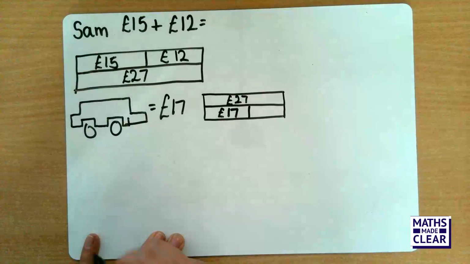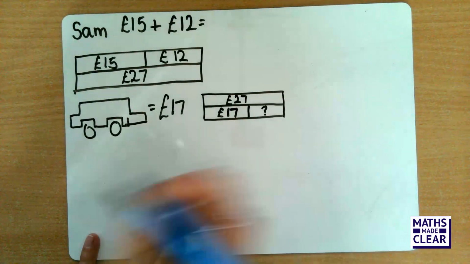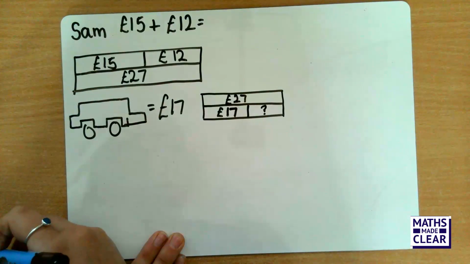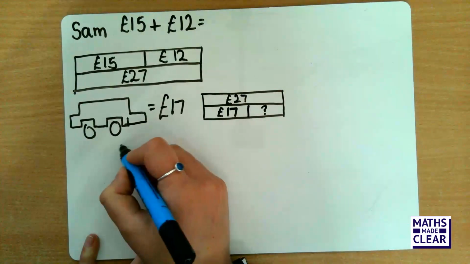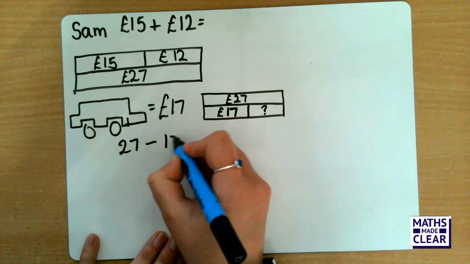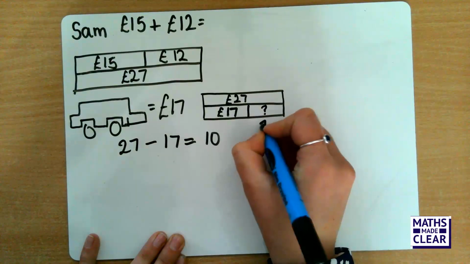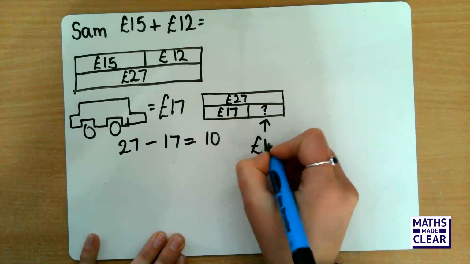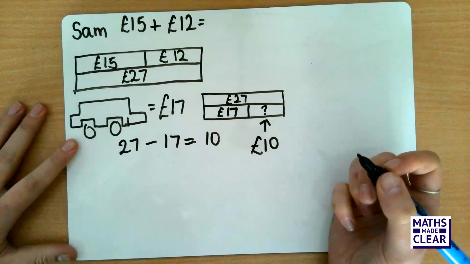Here is £17. Then we need to work out what the other bar is going to be to create our total of £27. Well, we can see that if we have 27 and we take away 17, we have £10 left. So Sam now has £10 left over.